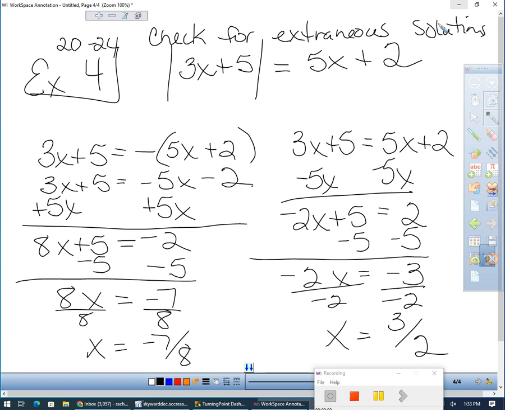All right? So we're going to start by plugging in negative 7 over 8. I'm going to put it in here. I'm going to put it in different colors so you can see it. I have 3 times negative 7 over 8, plus 5. Go ahead and throw that in the calculator. Tell me what you get.